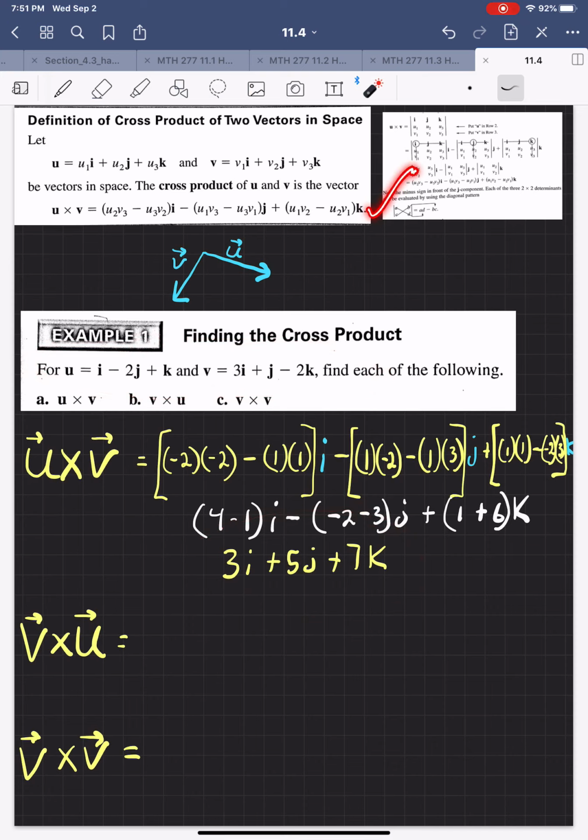Now, before I give you some more properties of the cross product, let me go ahead and give you the answers to part B and part C. So v cross u, this is what you should get.